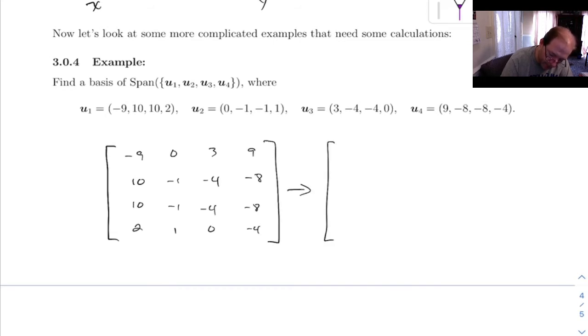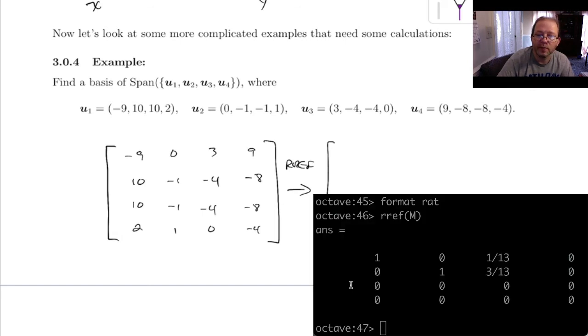And then you row reduce it. And the row reduction is going to sift out anything that's a linear combination. So let's put this in Octave.